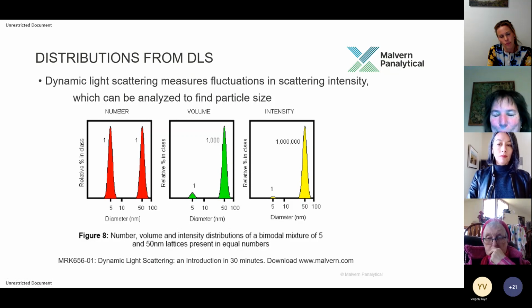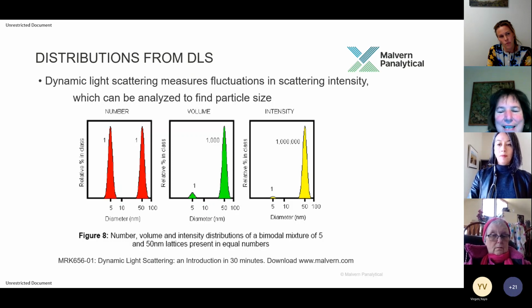But as a rule, be very careful if you're going to report a number distribution from dynamic light scattering. It's my last warning, my last little caveat. Just always be careful when it comes to dynamic light scattering and number distributions. Dot your I's and cross your T's before you use them.